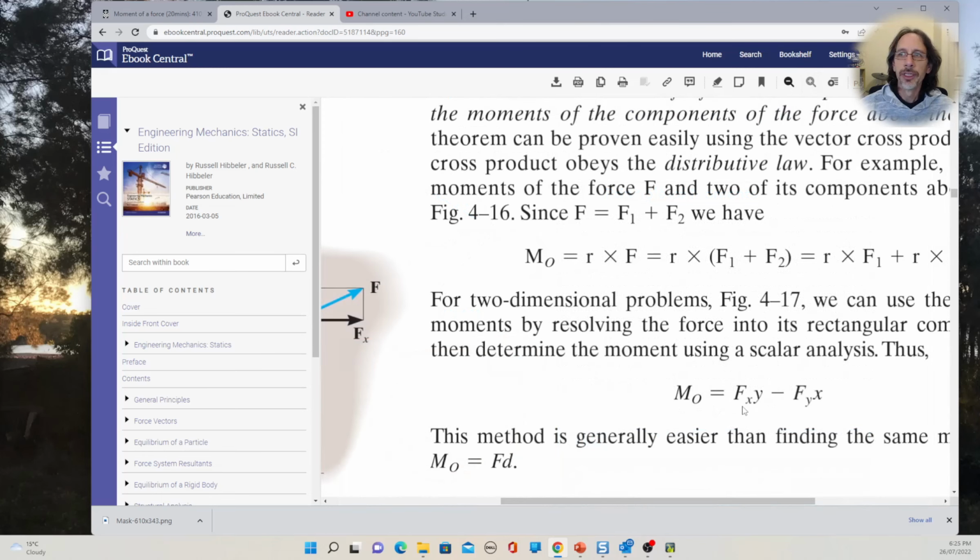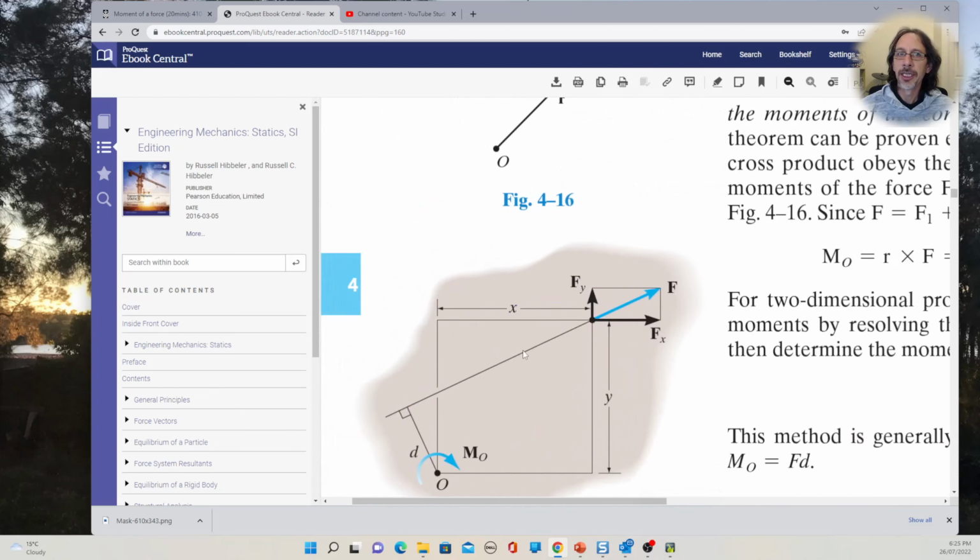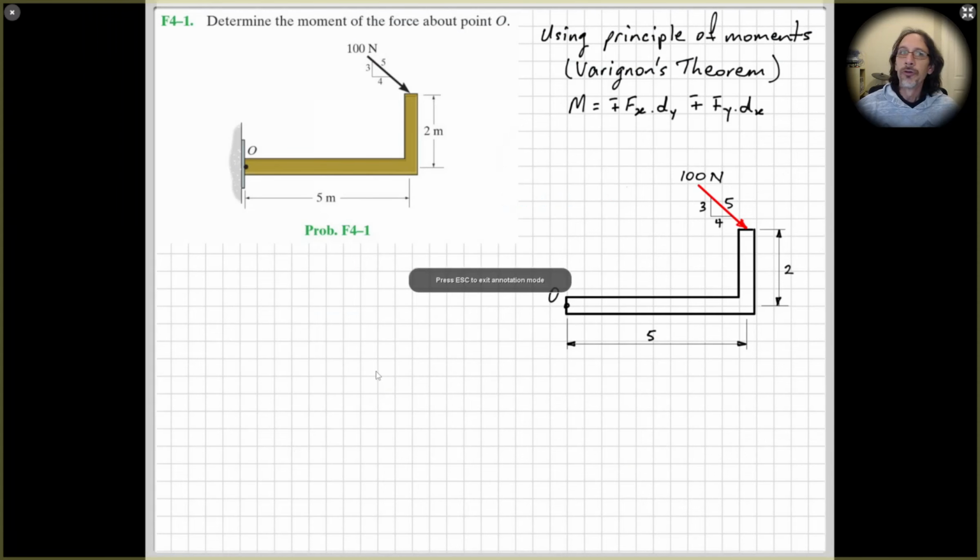Right, so they've got it written as Fx y minus Fy x. Now, you need to be careful. This is not a general formula. This is only valid for their particular case. If we go back to my page here, you can see how I've written it. I've written it like this. The moment is equal to the horizontal, or the x component, times the perpendicular distance from point O to that force.